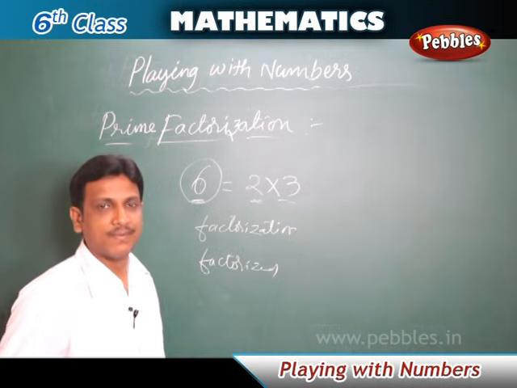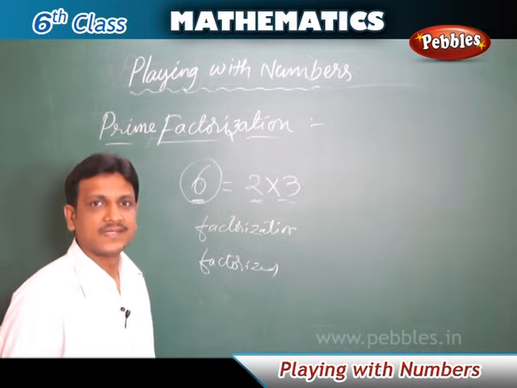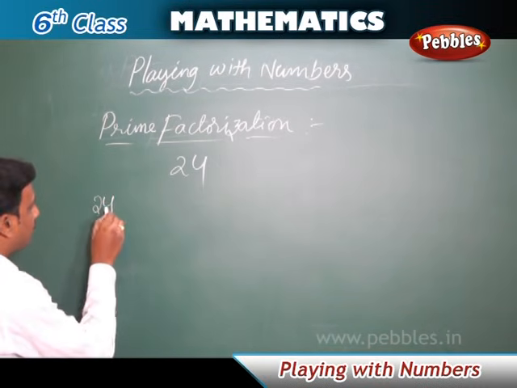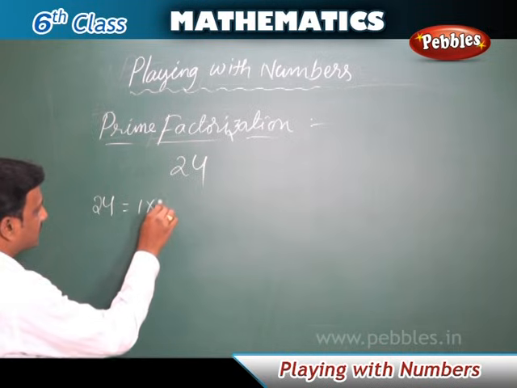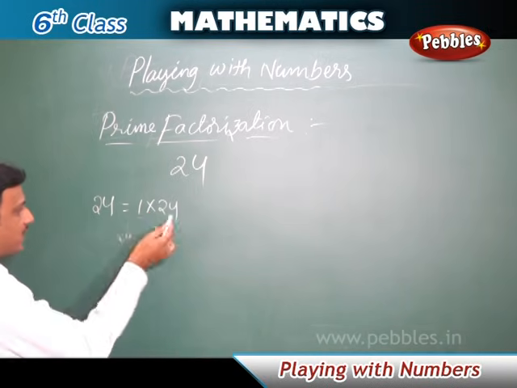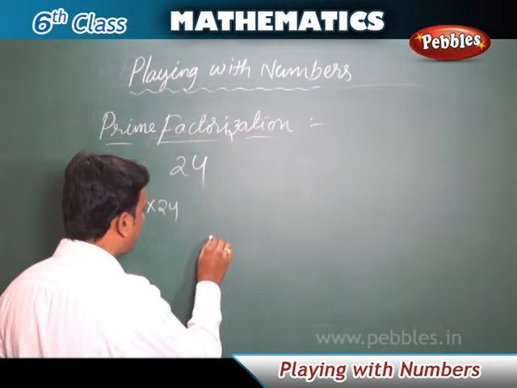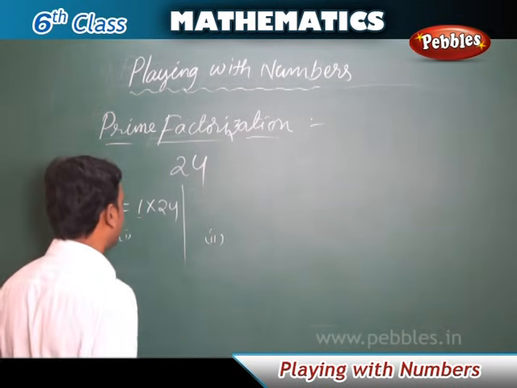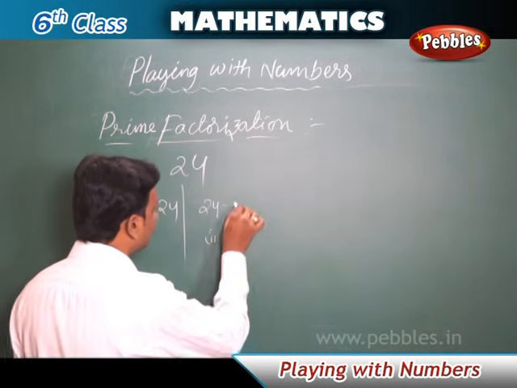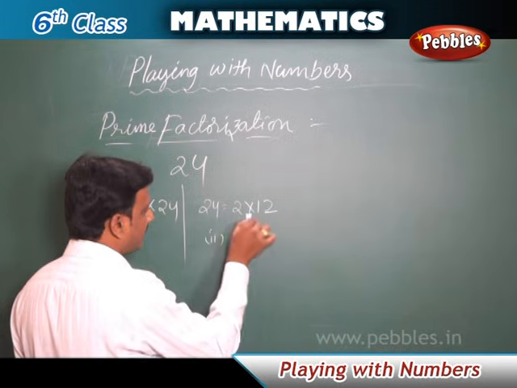A number can be factorized in different ways. Let us see an example. Let us take 24. We can write 24 as 1 into 24. That is 24 as a product of 1 and 24. So this is one way we factorized it. We have written the factors. Now we take the second example, where 24 is equal to 2 into 12. 12 twos are 24.